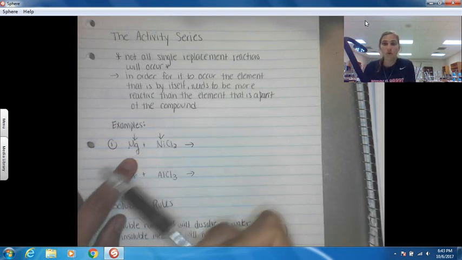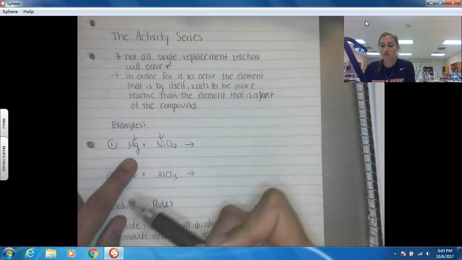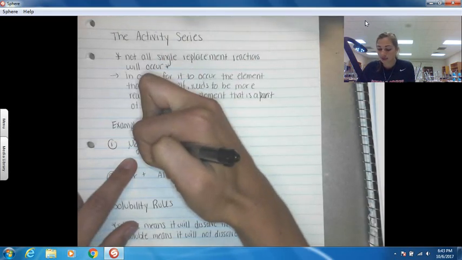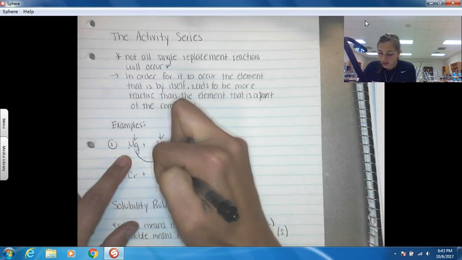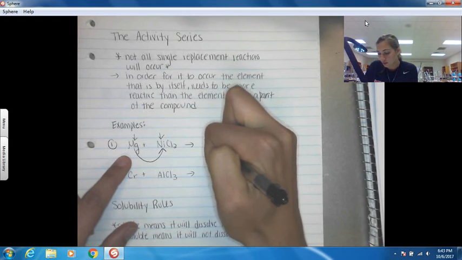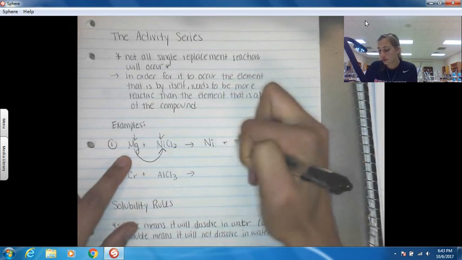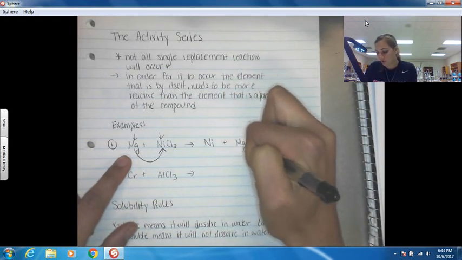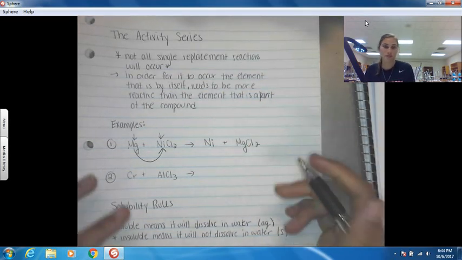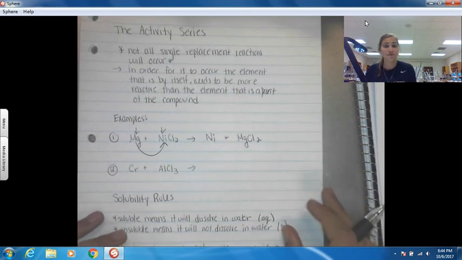So the more reactive metal wants to be in the compound. So that means that magnesium is more reactive, it's going to kick out nickel. So then we just predict our products, nickel plus magnesium chloride. And this is just like predicting our products that we have done.